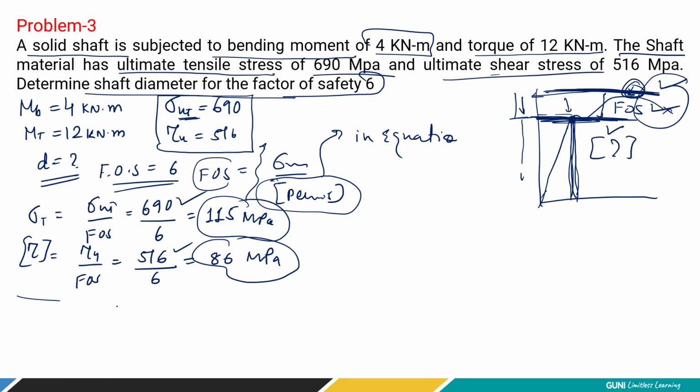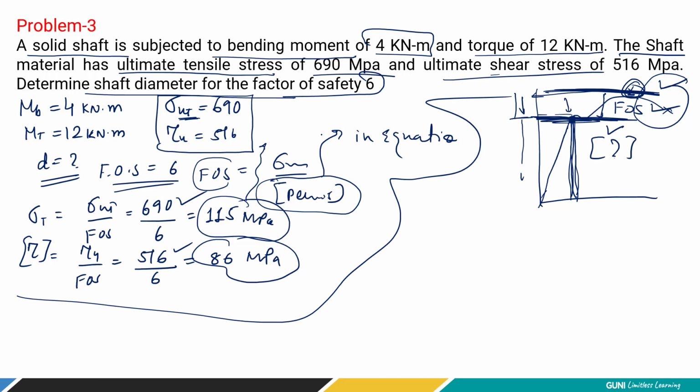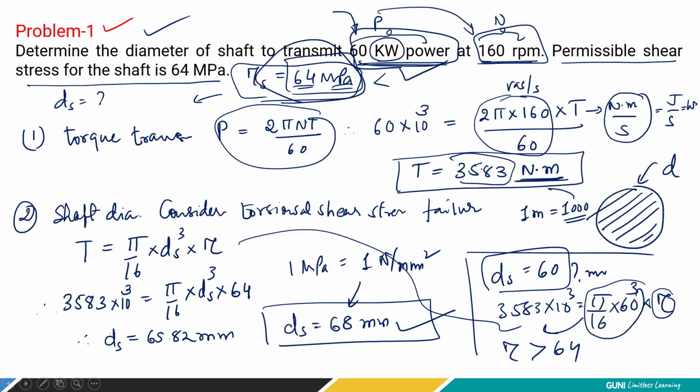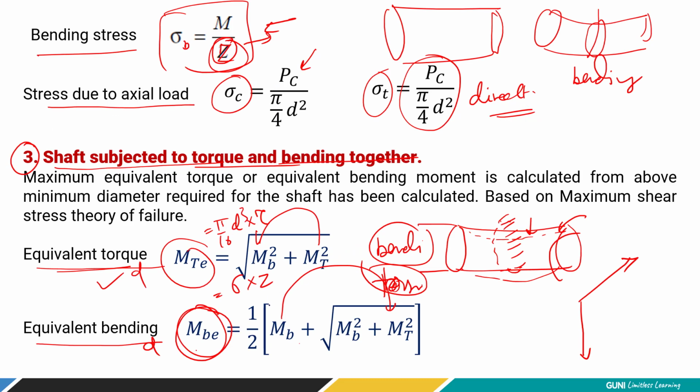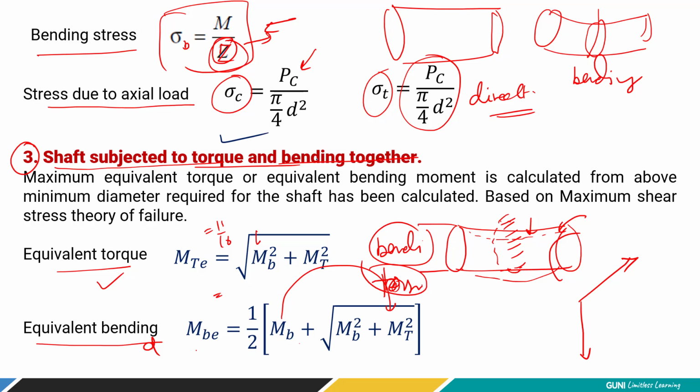Now here, the shaft is subjected to both kinds of loading. One is bending, it is bending like this, and it is also transmitting the torque. So it is transmitting torque and also bending. So we have to use the combined theory of two stresses, right, as discussed earlier. Let me recall it. Here we have to use this theory when the shaft is subjected to torque and bending.